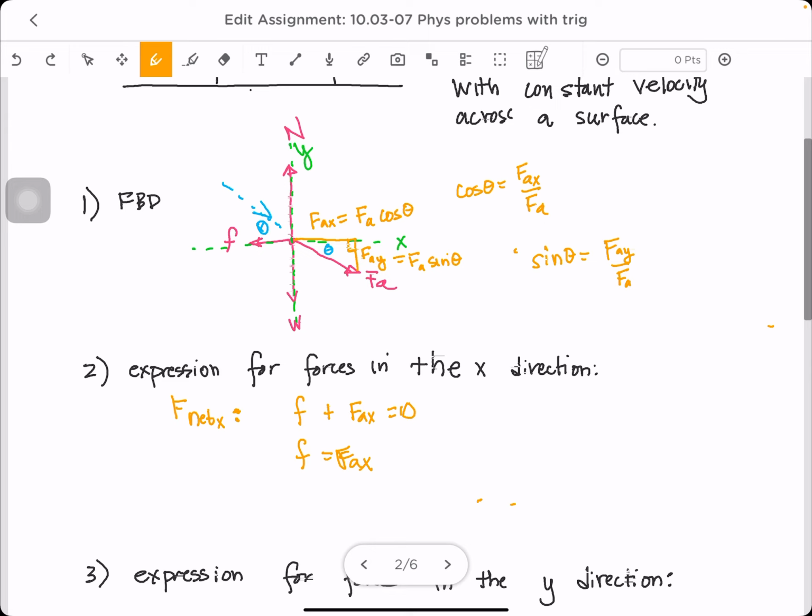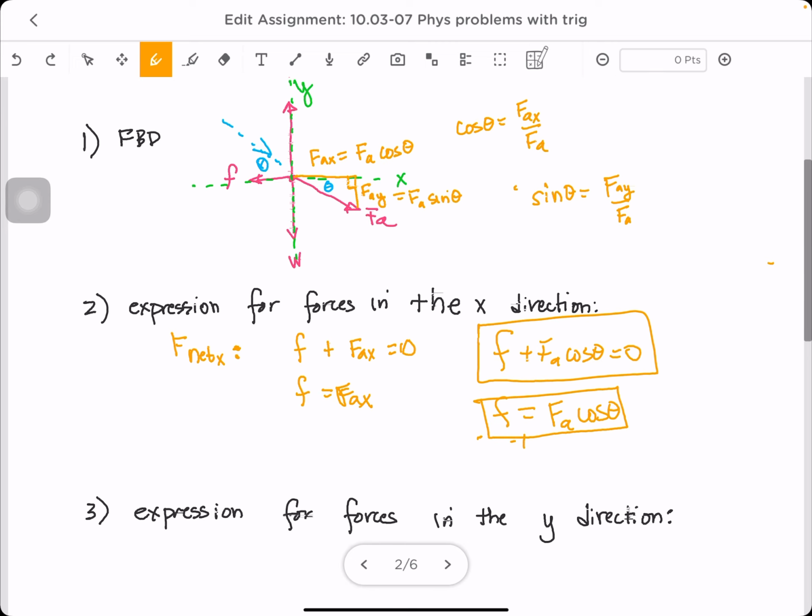And then this would be F plus FA cos theta is equal to 0. That would be one option. Or the other option would be F is equal to FA cos theta.